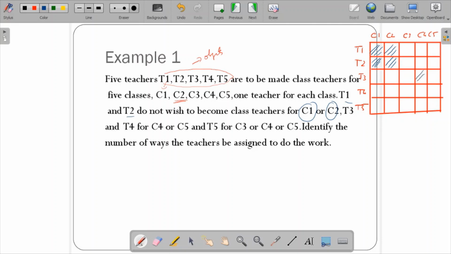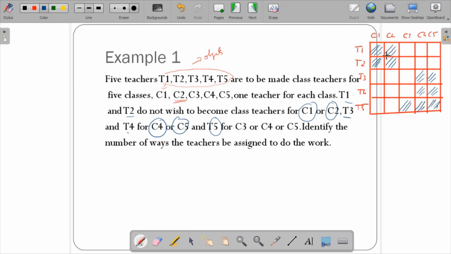That means teacher 3 and teacher 4 don't want to become class teacher of C4 and C5. Whereas T5 does not wish to be class teacher for C3, C4, C5. Okay, now this is the table.